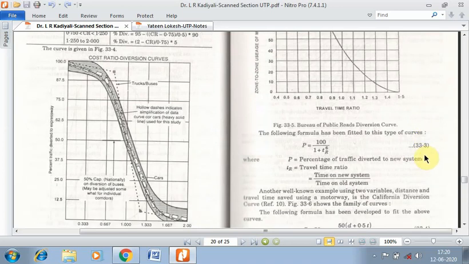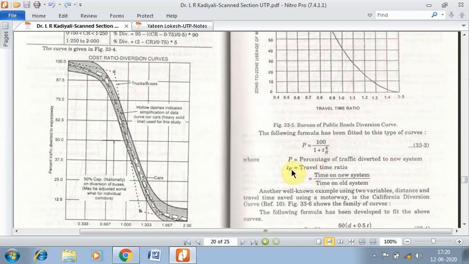To develop such a curve you will have to have the equation that needs to be followed, right? That equation is represented by P, which represents the percentage of traffic diverted to the new system, and depends on TR raised to n, or TR raised to 6 as shown here.